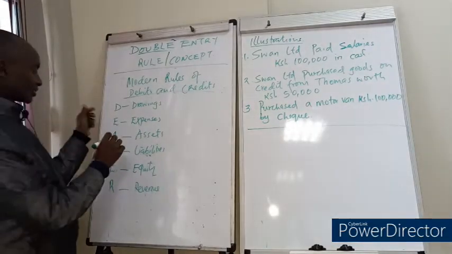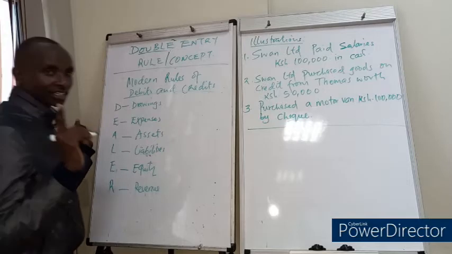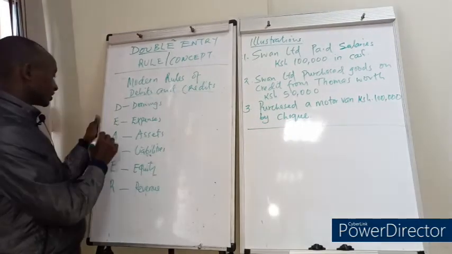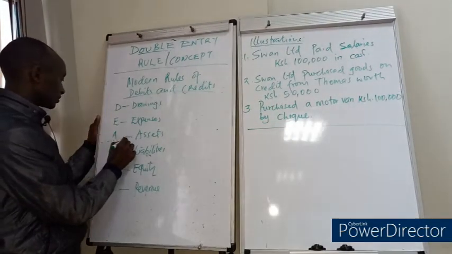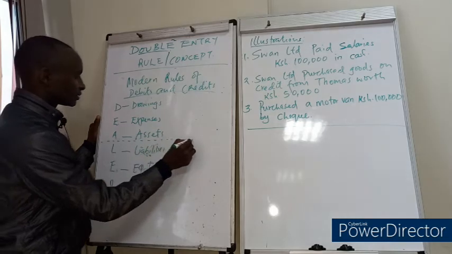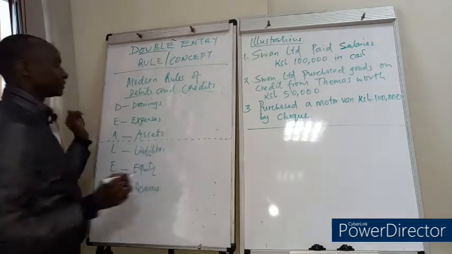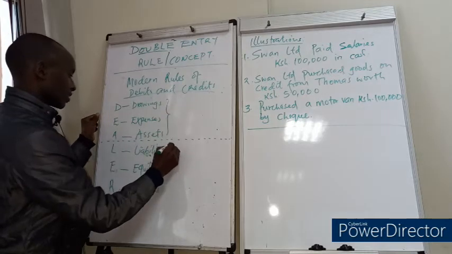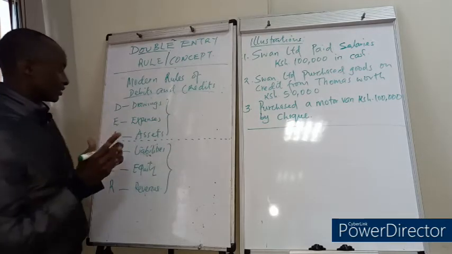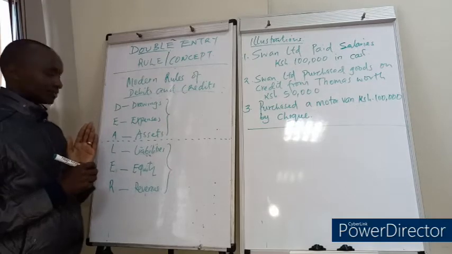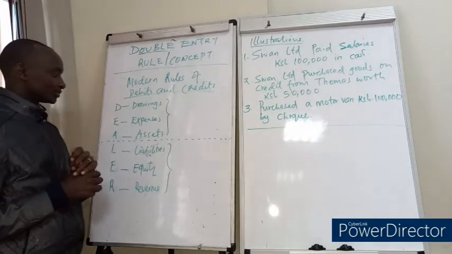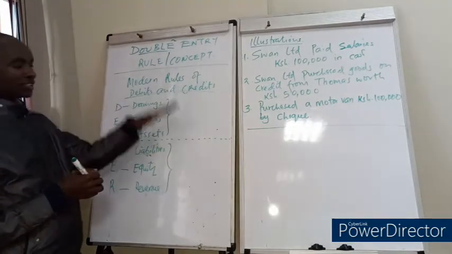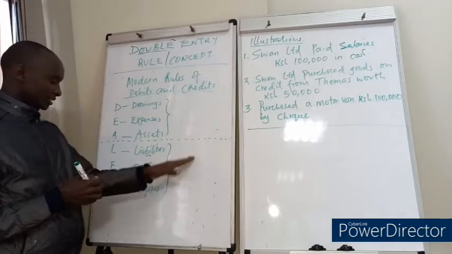Right? So I'm going to draw an imaginary dotted line here. I've separated this term DEALER into two, the upper side and the other side.